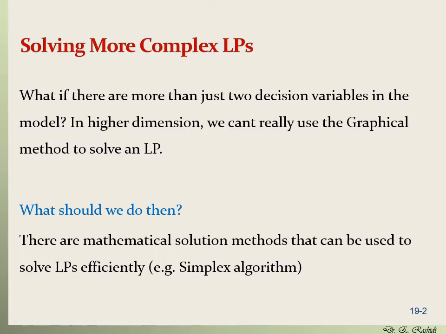We can't really. For three decision variables, we can use a three-dimensional space, for example, using a computer to do that. But past three, in four dimensions, with four decision variables, we can't really use the graphical method to solve an LP problem. So what should we do then?